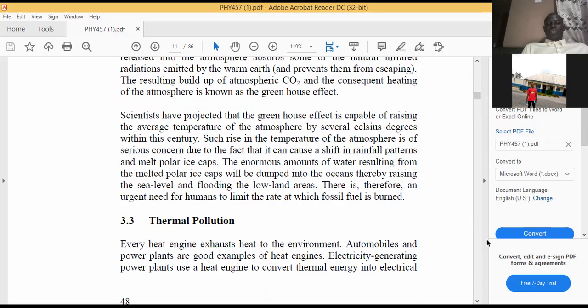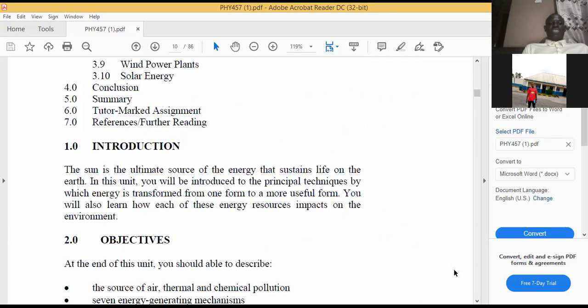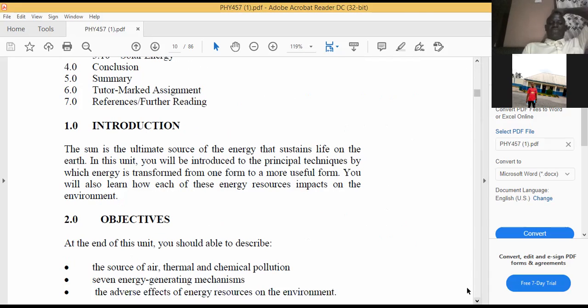Yes, sir. So Adoja, do you have any question as well? It's just that the material is not properly arranged. So I think what you do is go to page 10 of your material. You look at the objectives. You should read with the objectives: the sources of air, thermal, and chemical pollution.